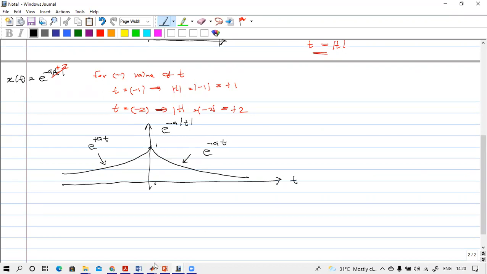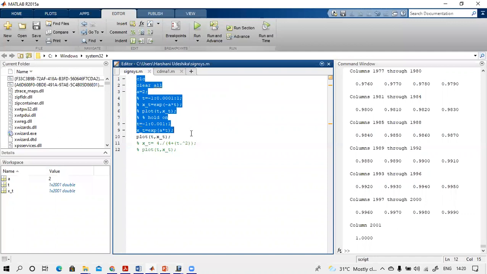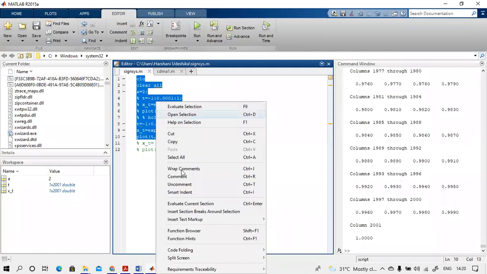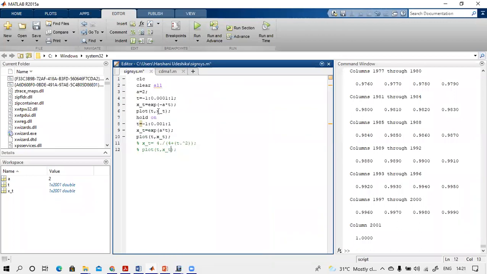If you see it in Matlab, I graph from 0 to 1, e to the power minus at, and this should be minus 1 to 0.